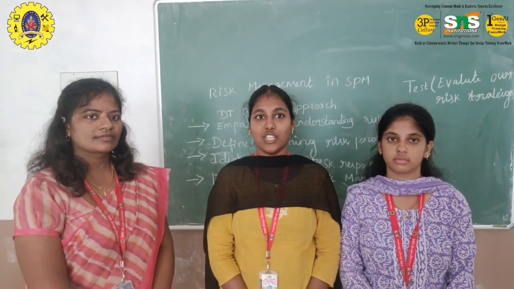Hello everyone, I'm Abtashni. I'm going to explain the ideate phase of risk management. When it comes to generating risk responses, the goal is to think of different strategies to deal with the potential risk efficiently. One common approach is avoidance, which means changing the project plan in such a way as to eliminate the risk completely. For instance, if a risky task is not essential, it could be removed.